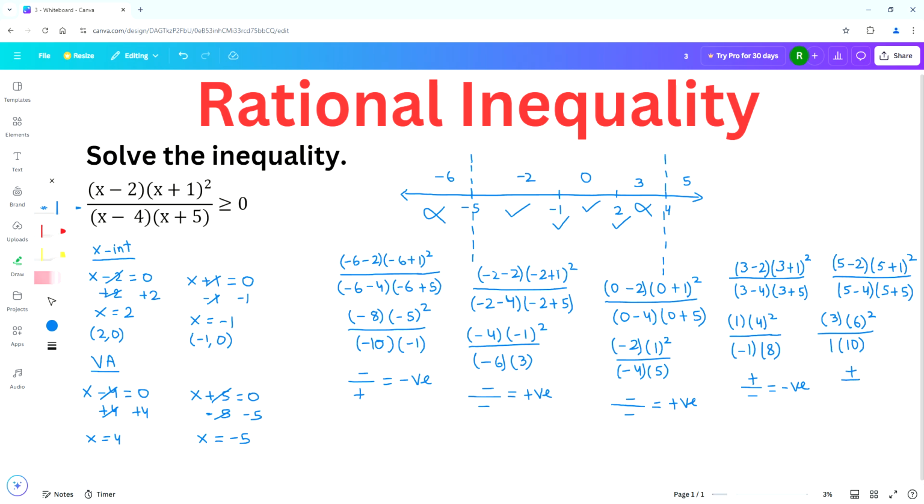In the denominator, 1 times 10 gives us a positive result. So the overall value will be positive. Therefore, the inequality is satisfied on the interval to the right side of 4.